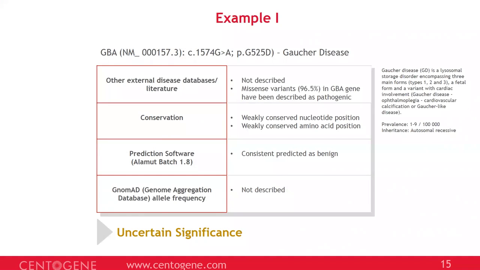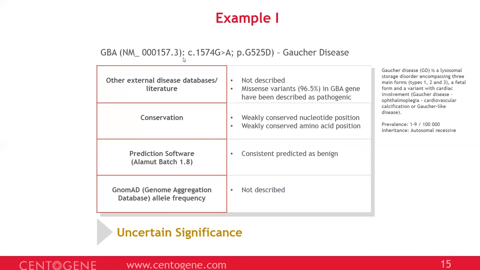My first selected example is a variant localized in the GBA gene known to cause Gaucher disease. Gaucher disease is a lysosomal storage disease, rare, inherited in an autosomal recessive manner.